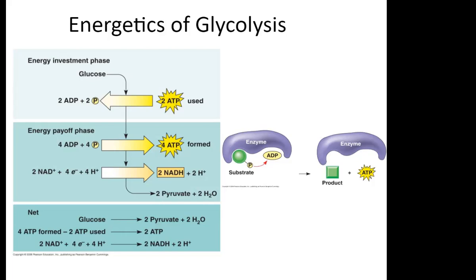Well, there's an energy investment phase. The video talked about it actually costing you some ATP to get the process going. What's up with that? I thought we were trying to make ATP. And now all of a sudden you're right off the bat in a -2 hole. What do phosphates do to molecules? Thinking back to the last unit on energetics.